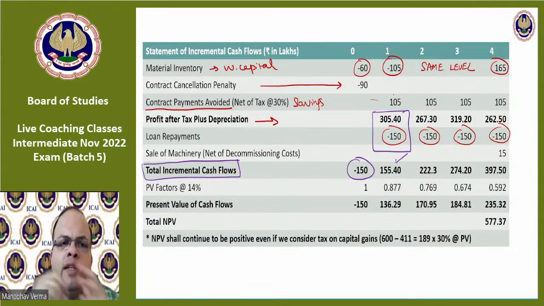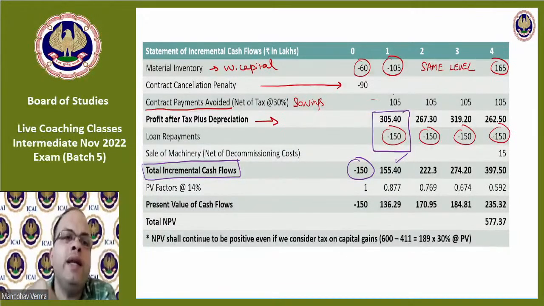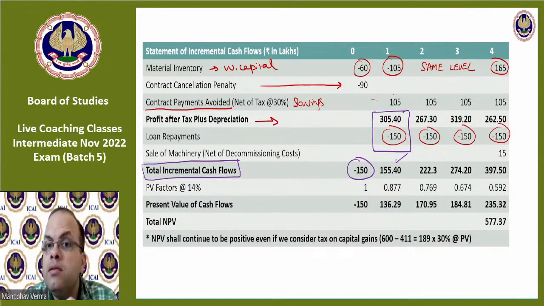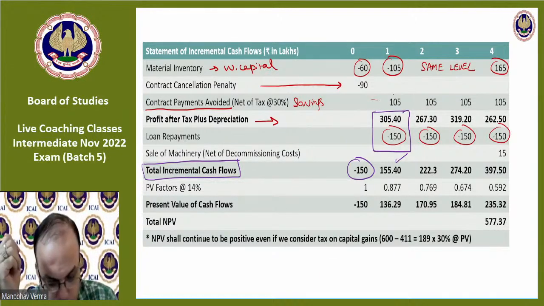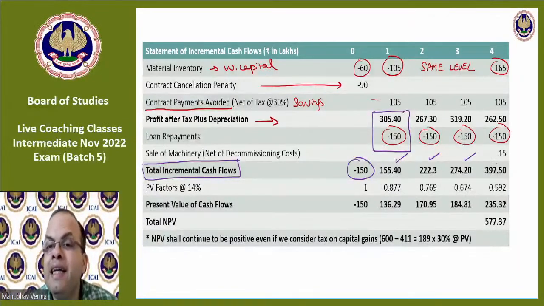Because 105 is netted off for year 1. For year 2 and 3, they're also talking about contract payments cancelled, but there is no additional investment. So there is an additional savings of 105 for year 2, 3, and 4. That means for all the 4 years, we are looking at 155, 222, and 274 in terms of the incremental cash flows.